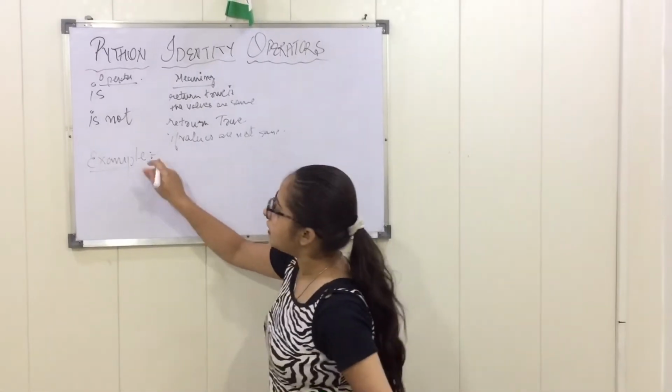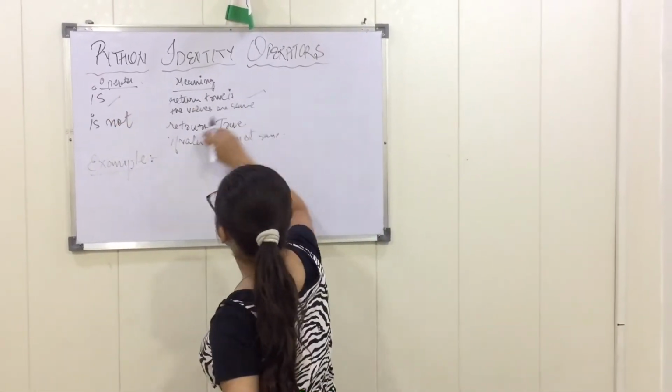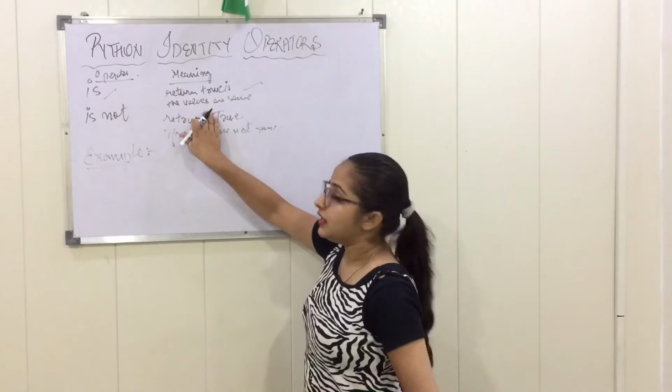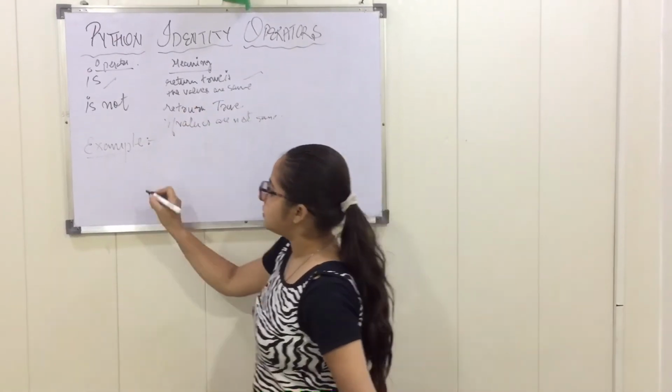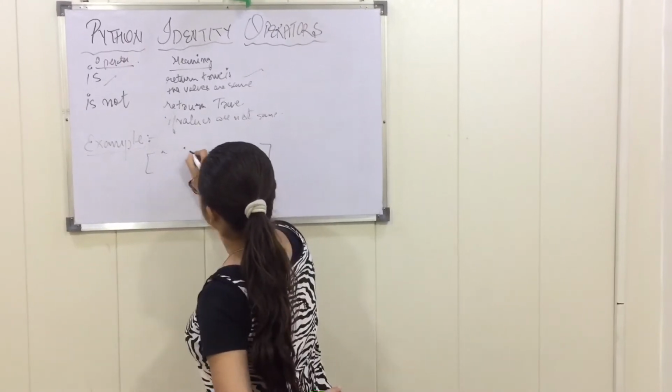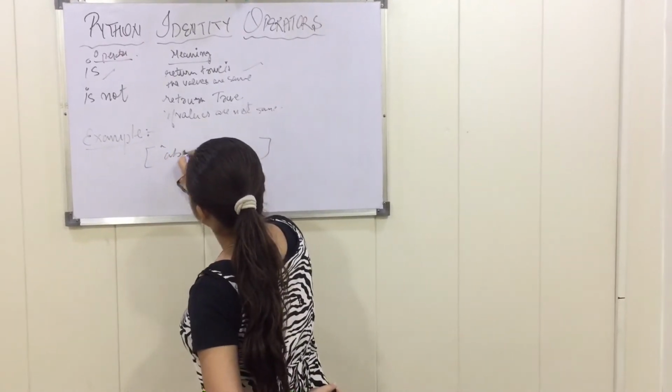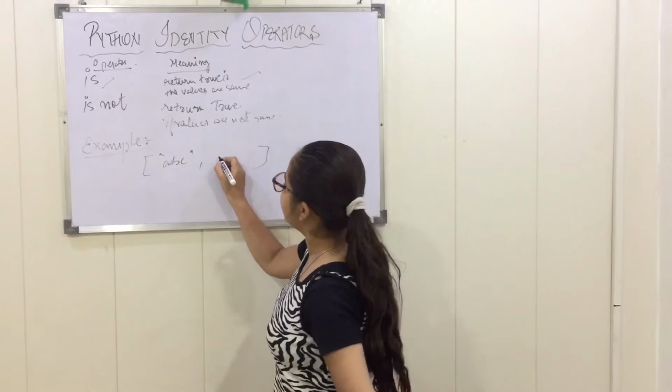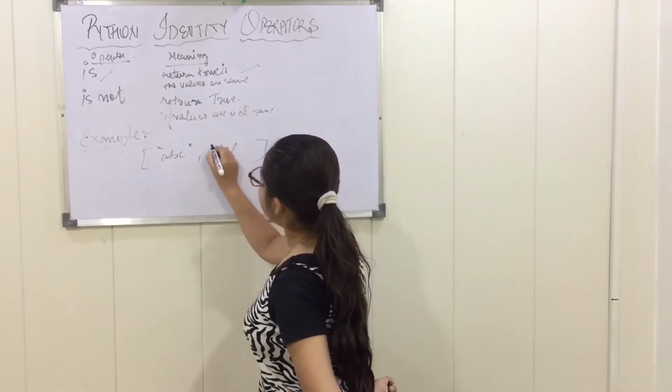First of all we are discussing the is operator, that returns true if the values are the same. Suppose this is my first value, ABC, comma, my second value is DEF.